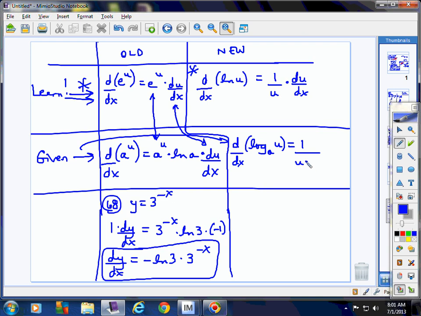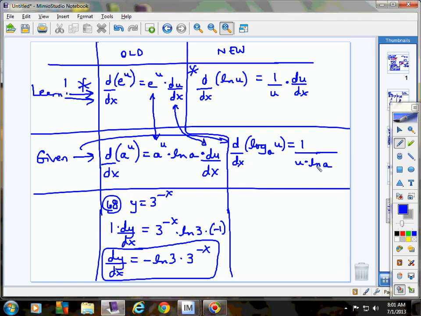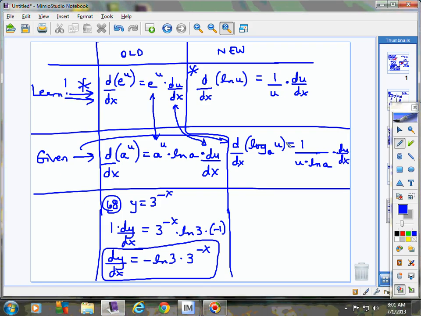Here's the new part. On the bottom, we got to say times ln of the base. The base is a. ln of a. That's a 7. I got a ln of 7 right here. Times du/dx. Times the derivative of the thing. So that matches as well.